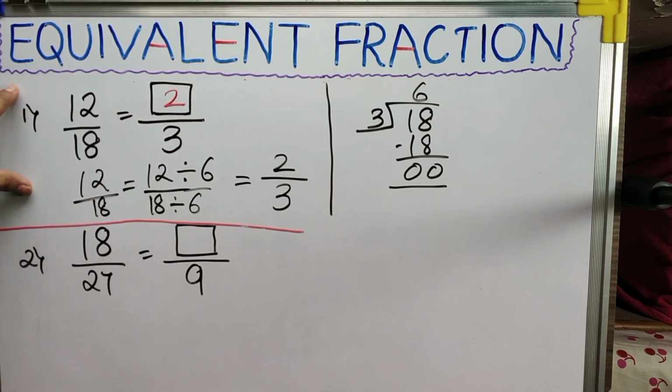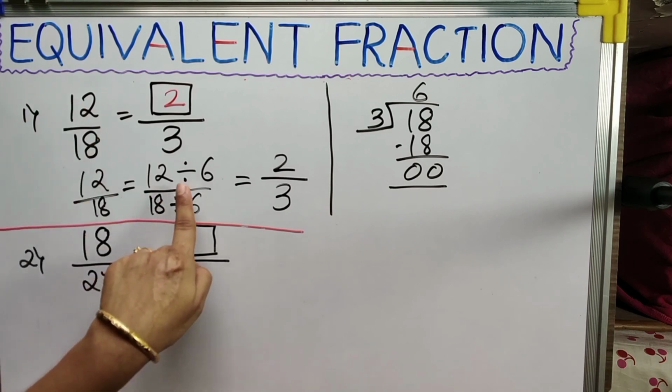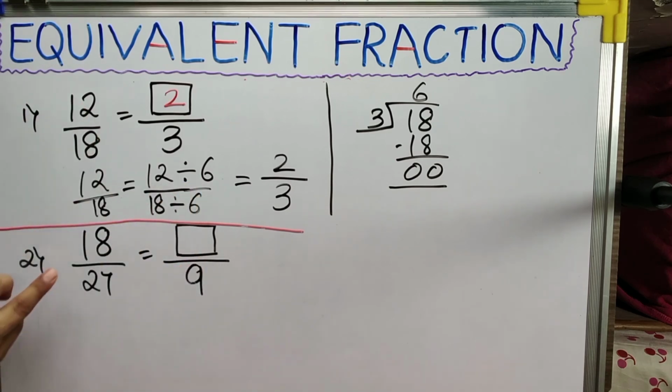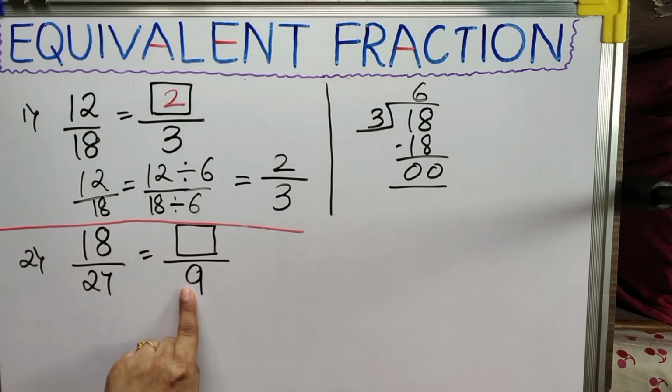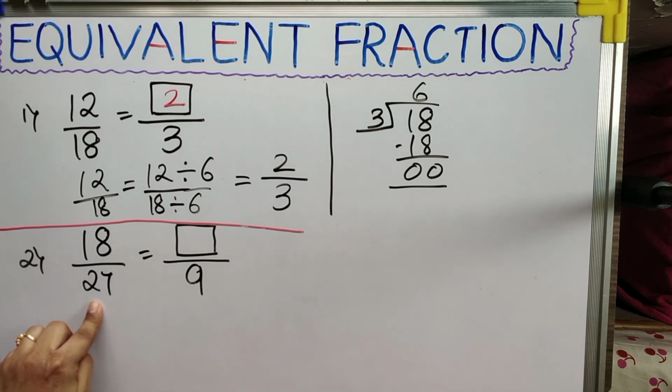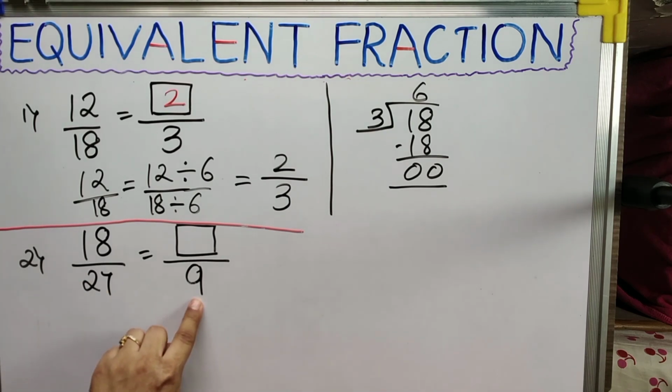Clear how to make the fractions equivalent by division method? Here it is mentioned 18 upon 27 is equal to, we need to find the numerator. The denominator is given as 9. Over here the denominator is 27, correct? And the denominator here is 9. We need to make 27 equivalent to 9.